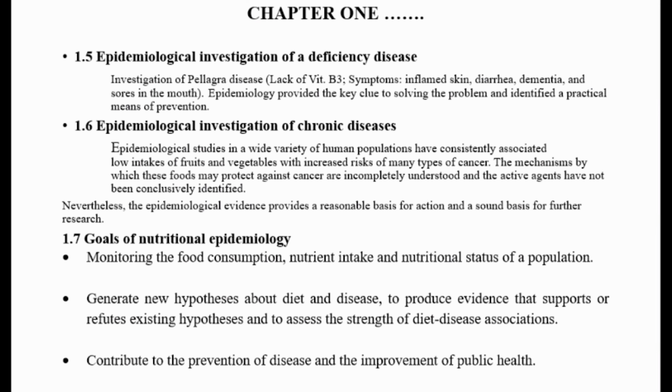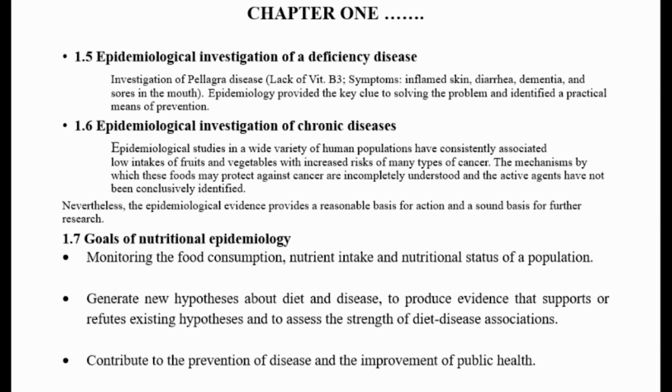Epidemiological investigation of chronic diseases. Epidemiological studies in a wide variety of human populations have consistently associated low intakes of fruits and vegetables with an increased risk of many types of cancer. The mechanisms by which these foods may protect against cancer are incompletely understood, and the active agents have not been conclusively identified.